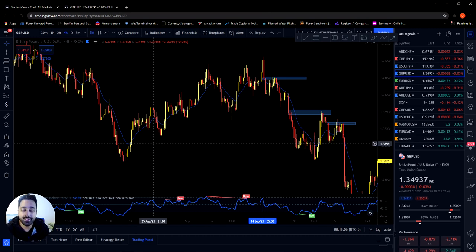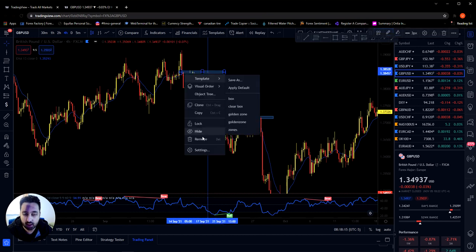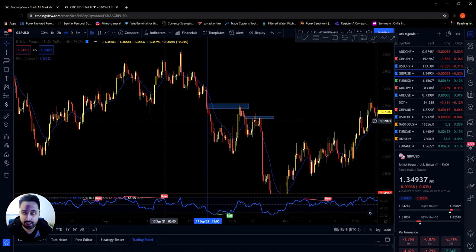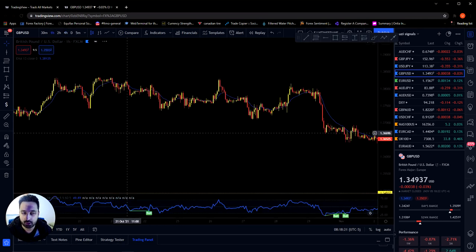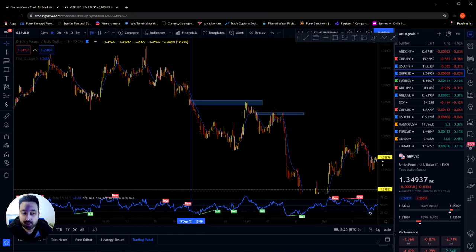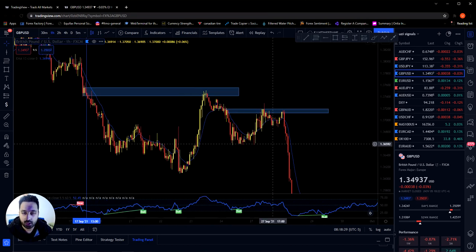This is called scaling in for more profits, right? Once we have already gotten our first position, our first entry has already been entered, and we know that this trade is looking good. It's looking really good. You got a good entry.